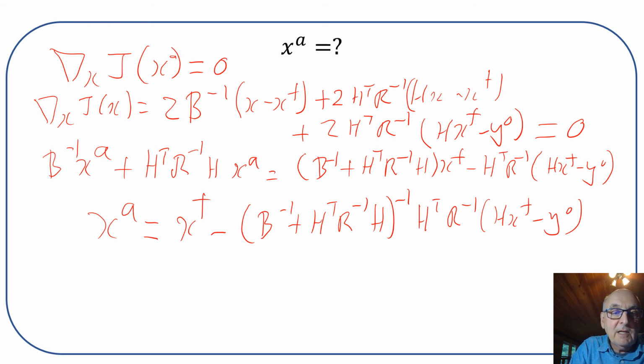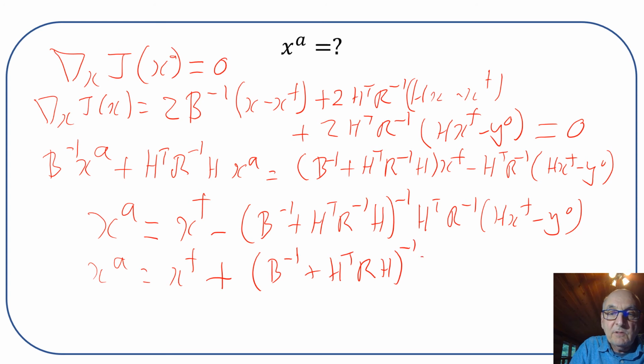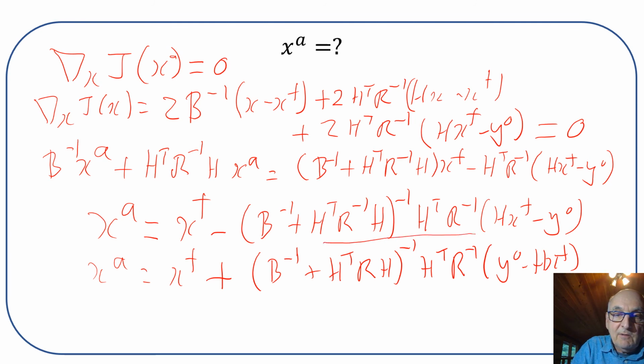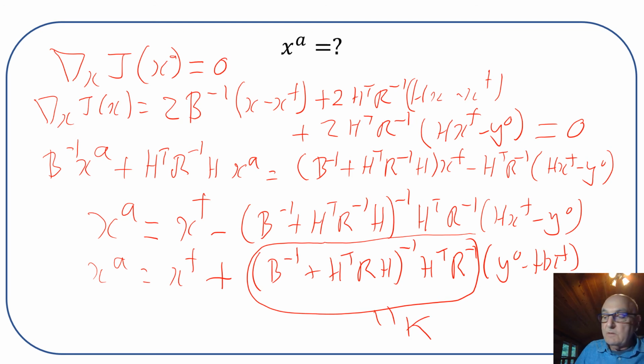Right, so we'll rewrite it as xa is xf plus, now this rather horrible looking expression, b inverse plus h transpose r inverse h, inverse, h transpose r inverse times yo minus hxf, and that's more consistent with the way we wrote things before. So now you see that this guy here is the gain matrix K. So this is exactly the formula for the Kalman gain matrix.